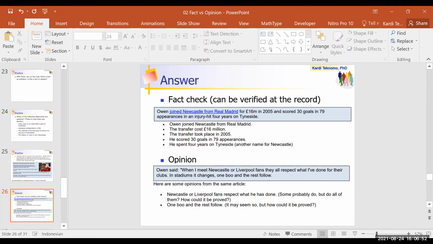Yes. So these are the facts that you can also Google, right? And these are the opinions, the booing and what happened to the facts.